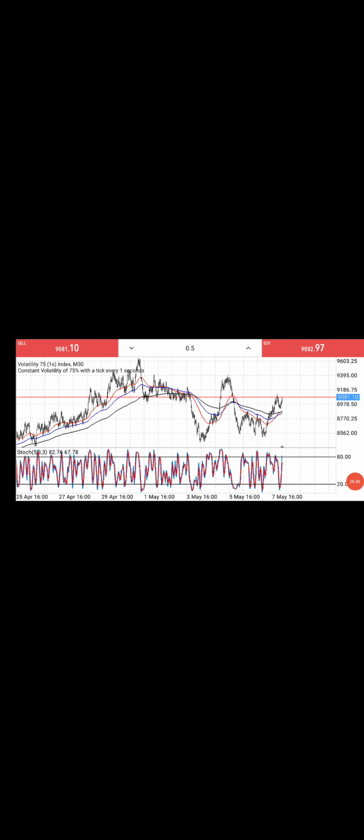Now, you see, in the 30 minutes time frame, the market is trading above the moving average. This is a sign that buyers are stronger. But if you look at it analytically, there was a time price was above the moving average, like here, but after some time it went below it.